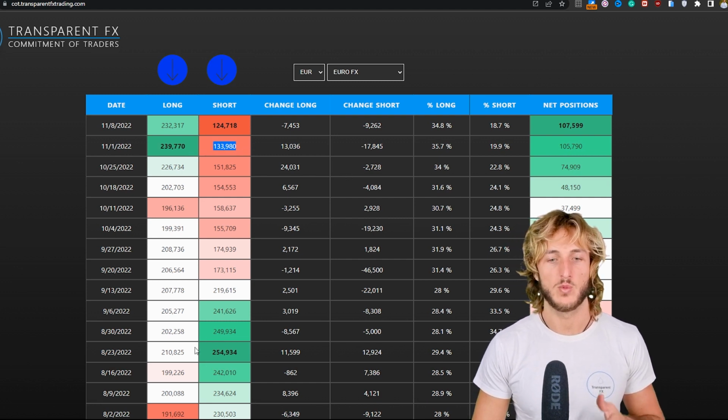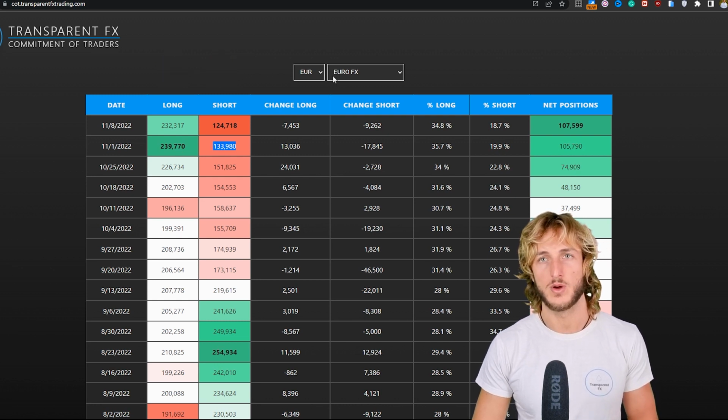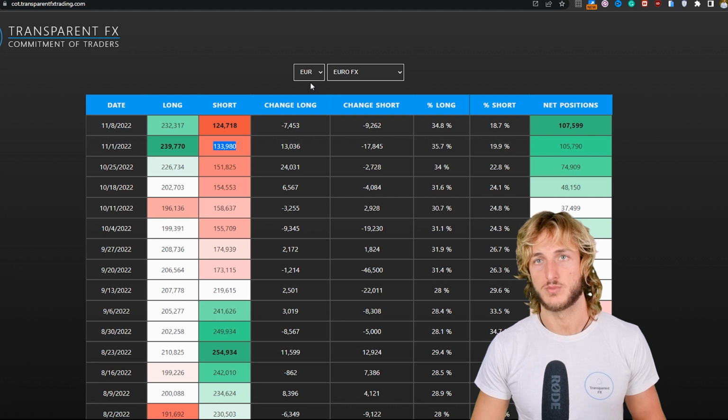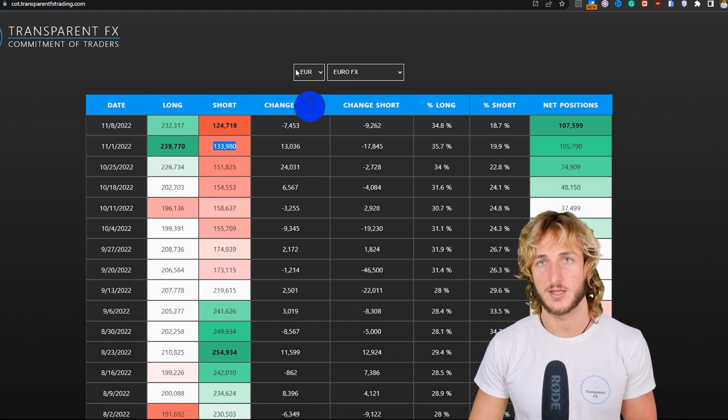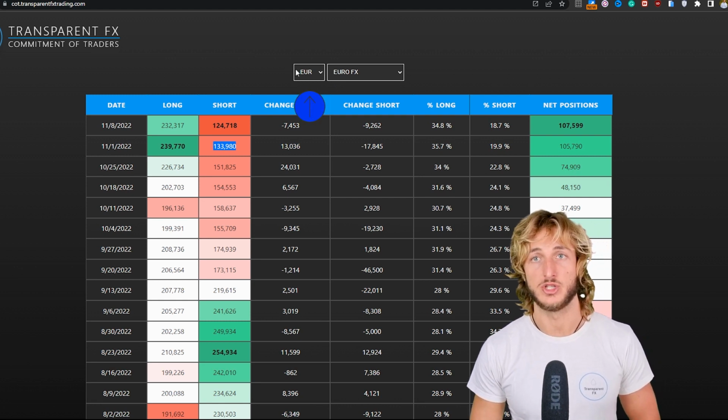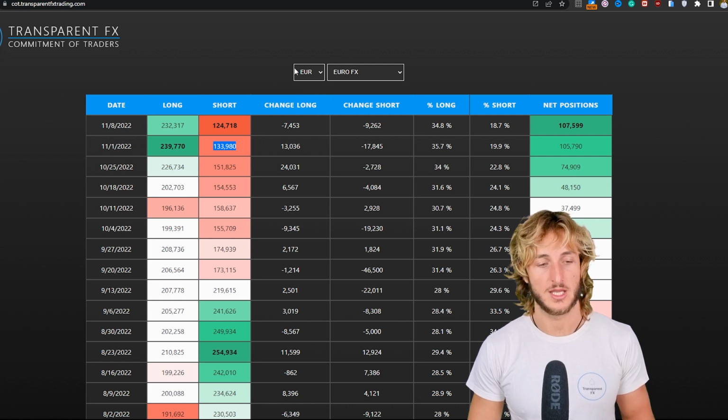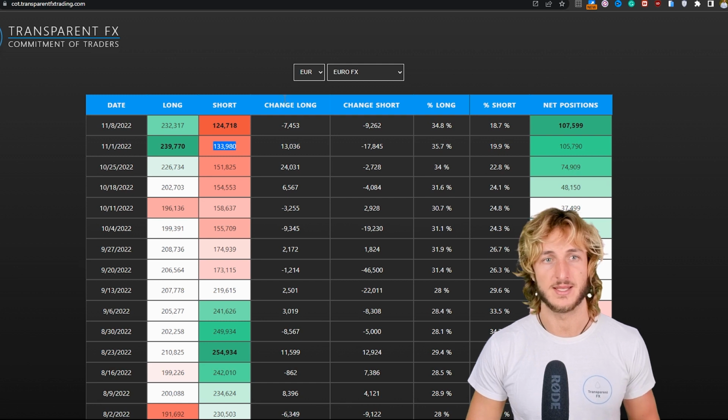So we went from having way more shorts than longs to now having way more longs than shorts on the euro from an institutional perspective. And keep in mind that if you're checking the data for the euro, as we identified also earlier, you are actually checking euro USD, because all currencies on this spot are traded against the USD.